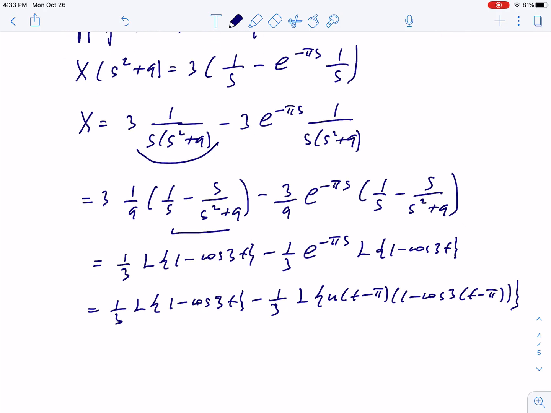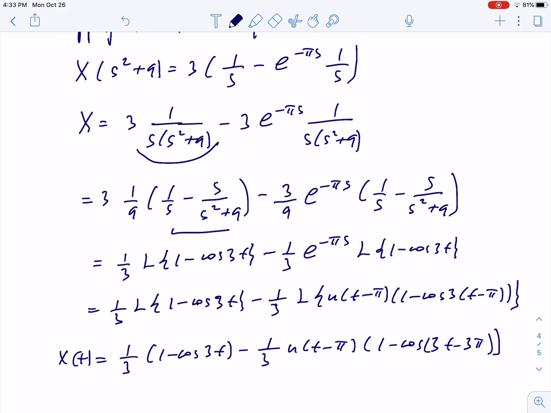And then collecting everything inside the inverse Laplace, we can see our solution. x(t) will be 1/3 (1 minus cosine 3t) minus 1/3 u(t minus pi) (1 minus cosine(3t minus 3 pi)).